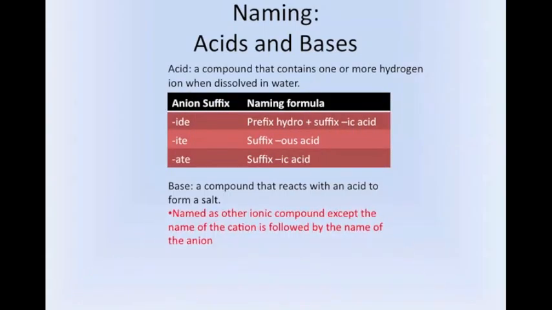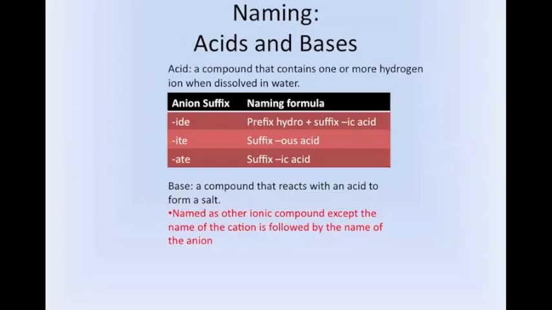So now we're into naming acids and bases. An acid is a compound that contains one or more hydrogen ions when dissolved in water. An anion suffix in this chart is shown by the IDE, ite, or ate suffix.